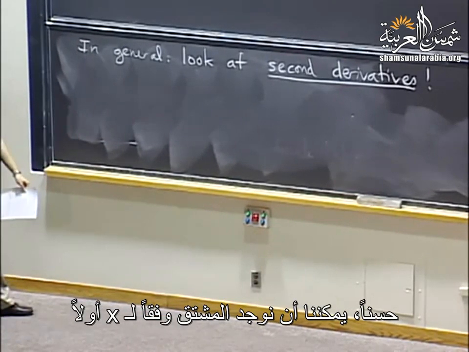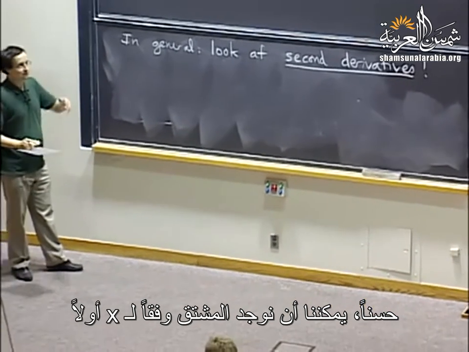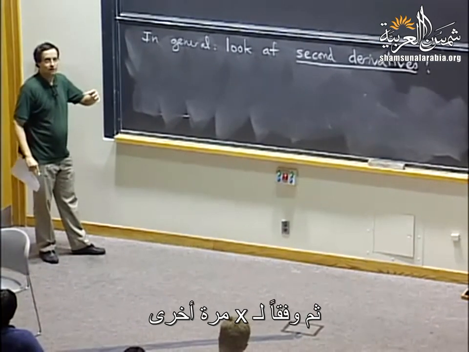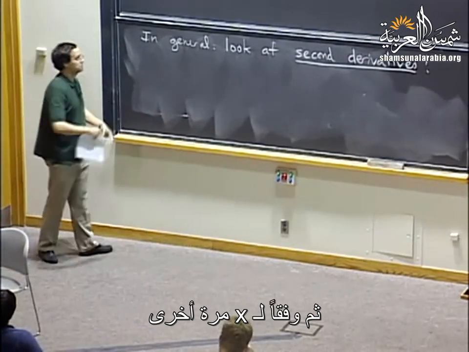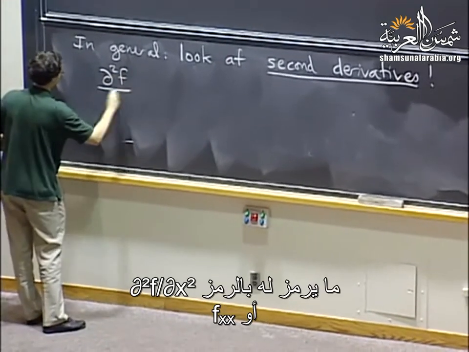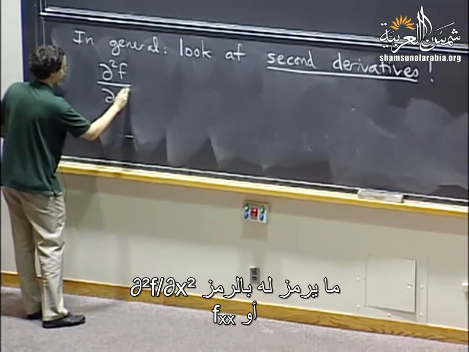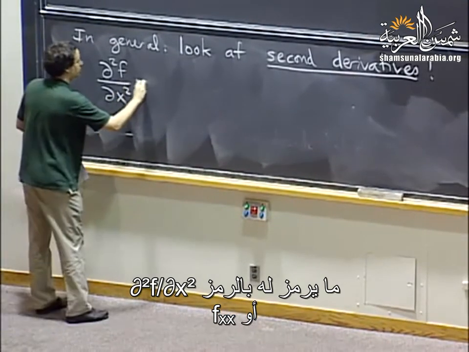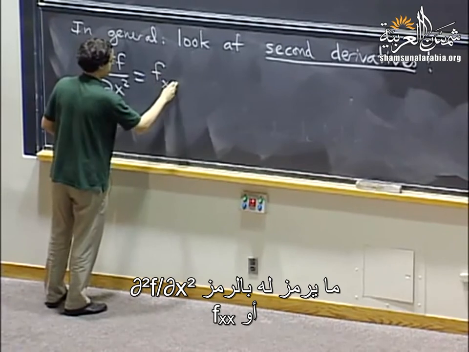Well, we can take the derivative first with respect to x, and then again with respect to x. Okay? That gives us something we denote by partial square f over partial x squared, or f sub xx.